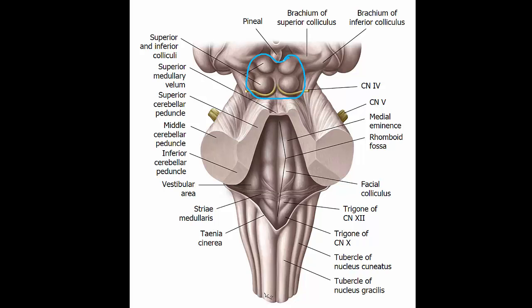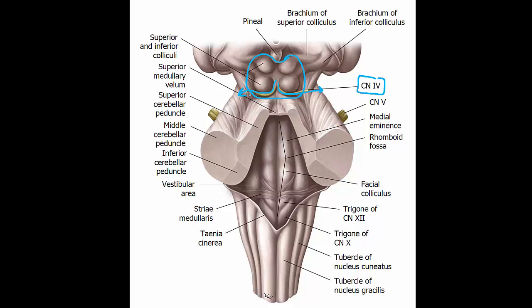And collectively, all four of those are just referred to as the corpora quadrigemina, and they're making up the tectum of the midbrain. And one thing to notice from this kind of gross view is notice how the trochlear nerve, cranial nerve number 4, is exiting the brainstem and traveling underneath the inferior colliculus.